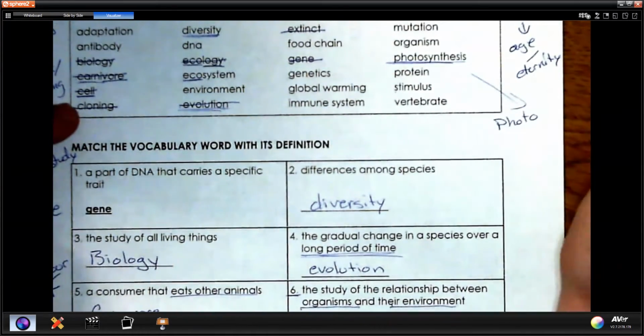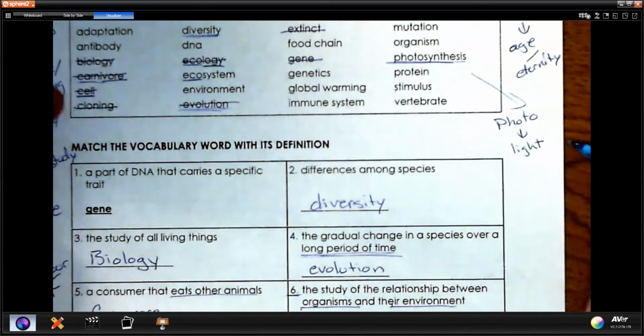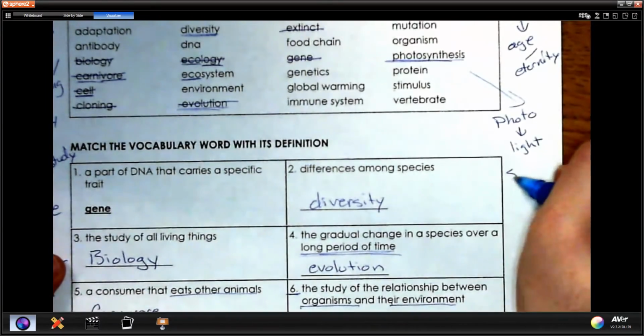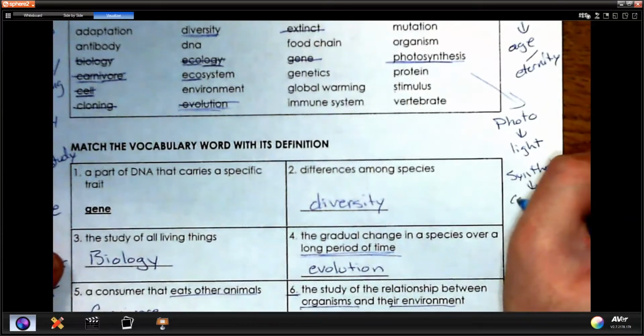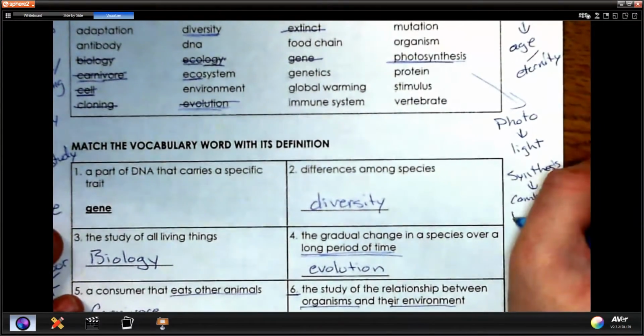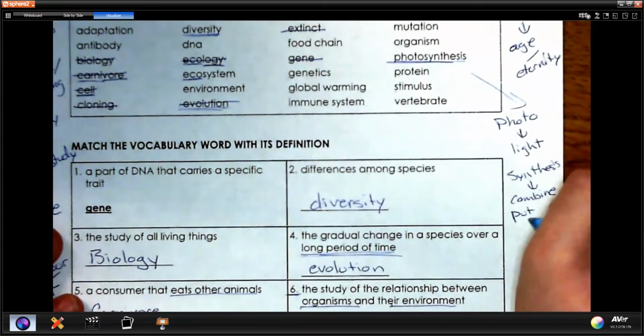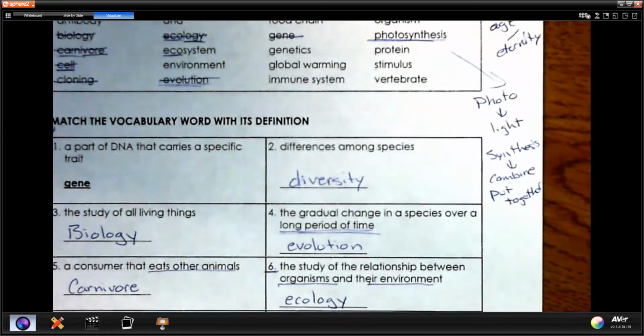Photo, when we think of a photograph, photo as a root means light. So a photograph is a light picture, a picture made of light. Synthesis is to combine. Synthesis as a word means to combine or put together. So photosynthesis is to put together light.